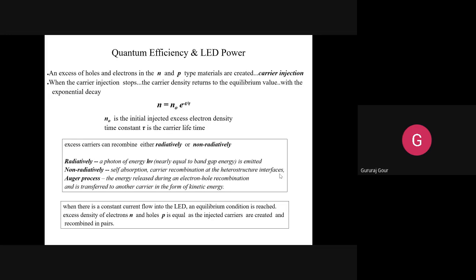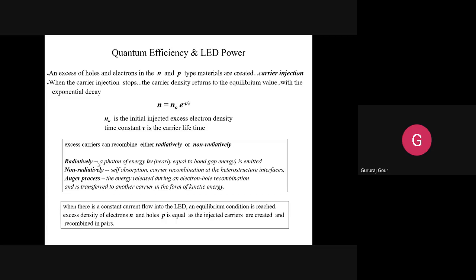At the same time, another inference is that the number of carriers taking part in the recombination process with radiation has drastically been reduced, because they lose some of their energy and then take part in the recombination, which we don't want.